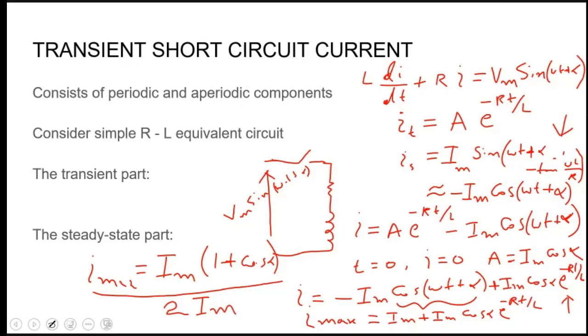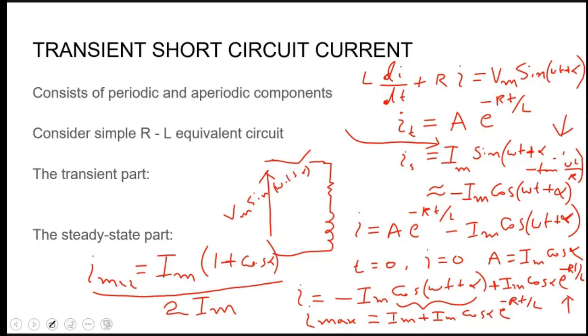What is Im here? Im is the maximum current in the steady state component. It is related to the maximum rated current, or in this case, to the steady state current.